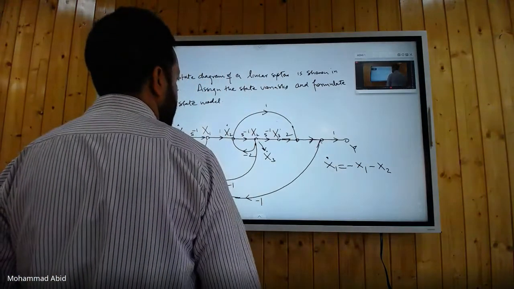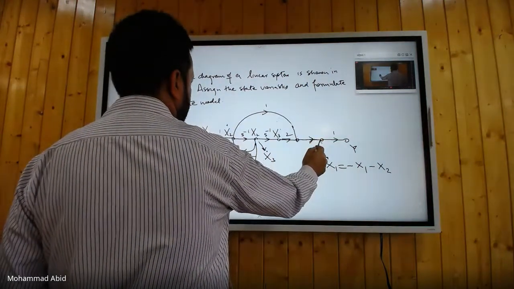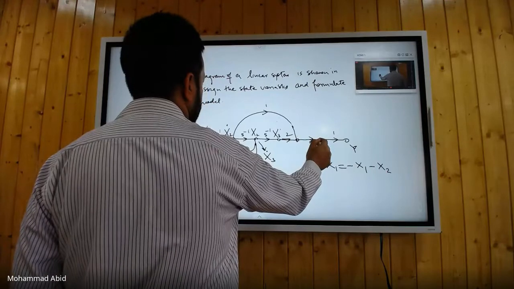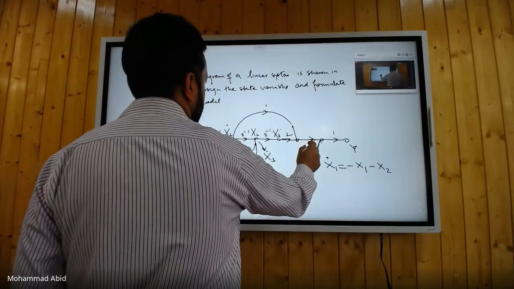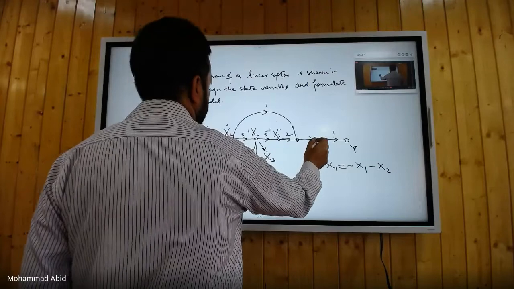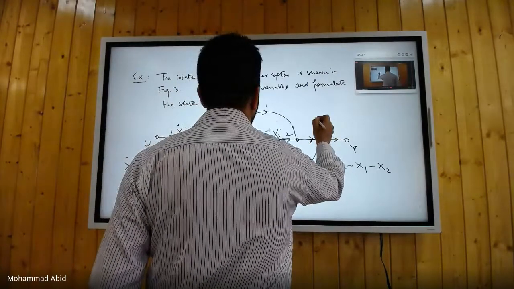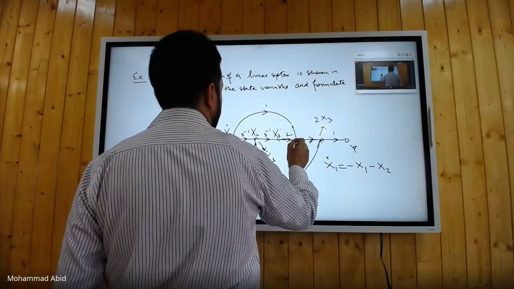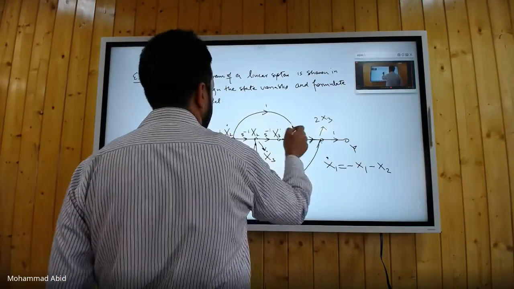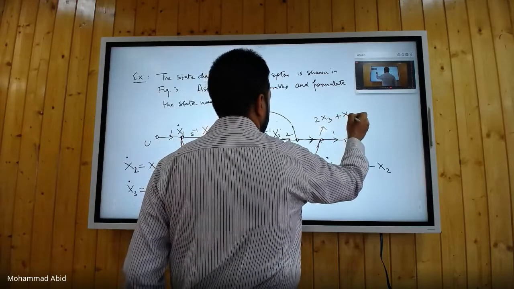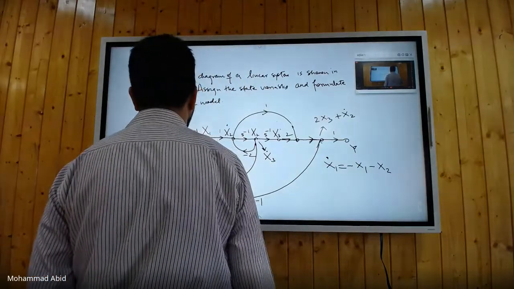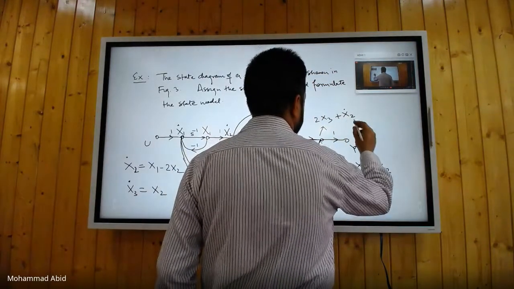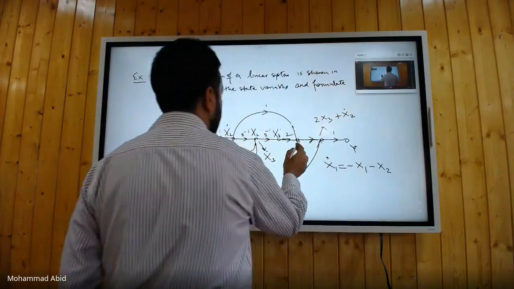And then minus this particular signal. As we have seen, this particular signal is equal to 2x3 plus x2 dot. Correct? 2x3 plus x2 dot, this signal here.